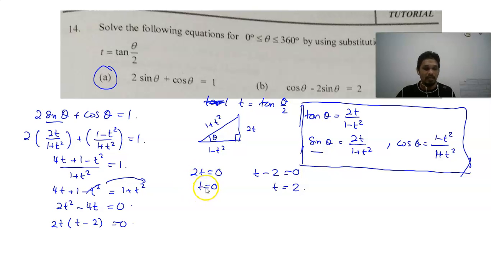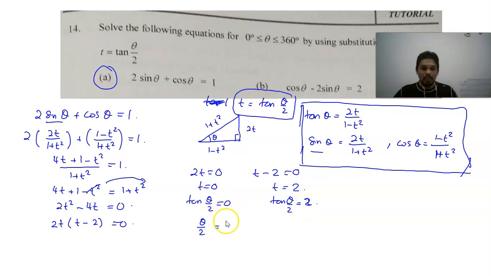And don't forget that this t represents tangent theta over 2. Tangent theta over 2 equal to 0 and tangent theta over 2 equal to 2. Okay, both are positive here. So then theta over 2 equal to arctangent of 0, equal to 0.